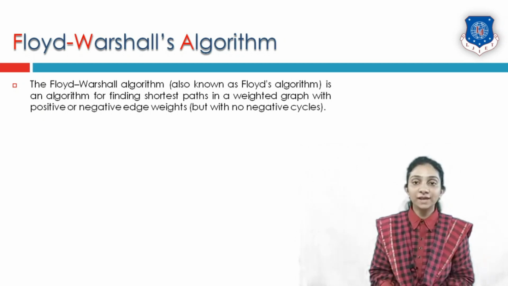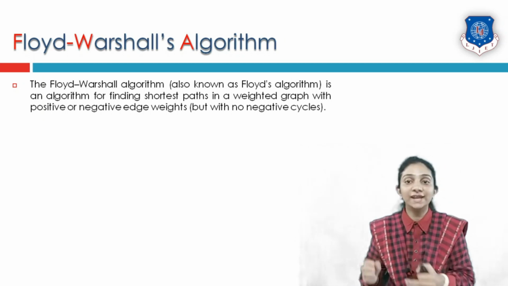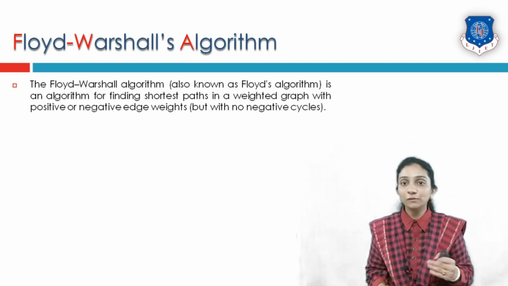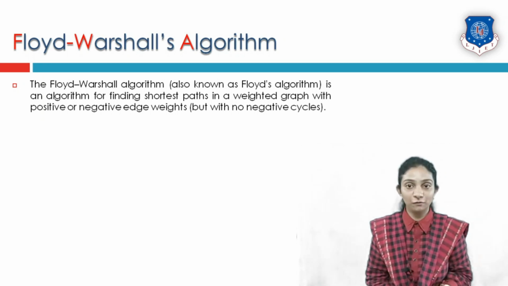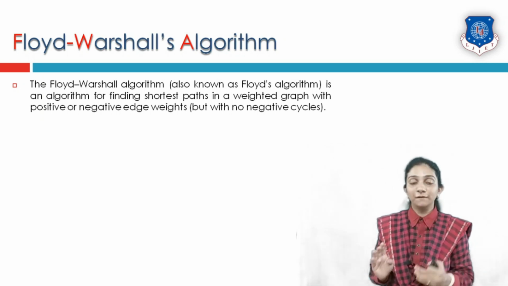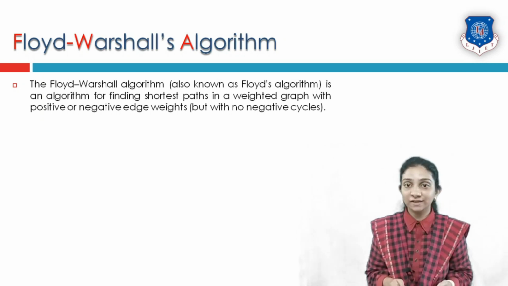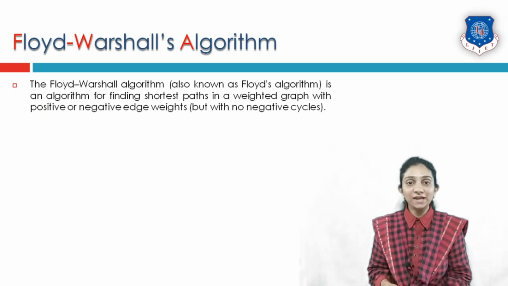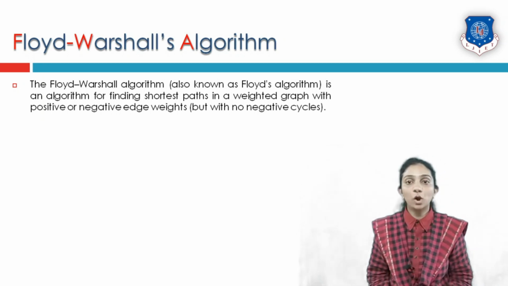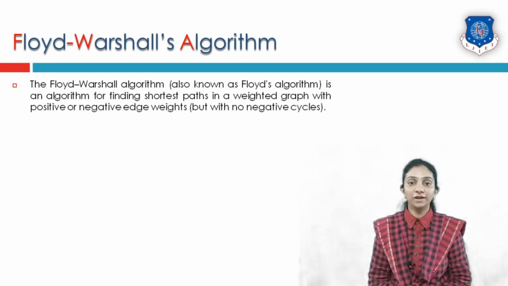If the graph contains edges that create negative cycles, Floyd-Warshall won't work. In that case, we have to go with Bellman-Ford. But if edges have negative weights and there are no negative cycles, then we can easily apply Floyd's-Warshall, or simply Floyd's algorithm.